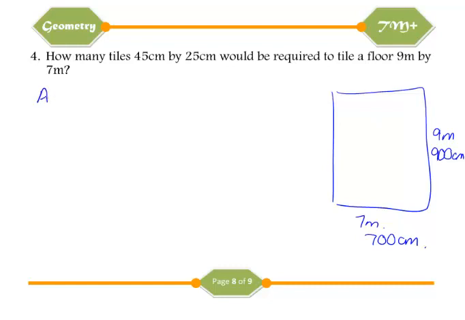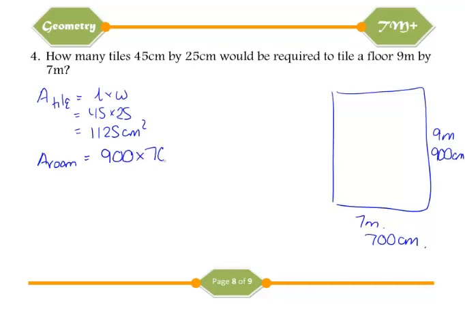So the area of a tile is length times width. So 45 times 25, which is 1,125 centimetres squared. The area of the room is 900 times 700, which is 630,000 centimetres squared.